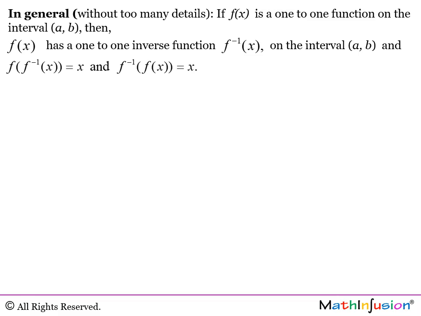In general, if a function f(x) is 1 to 1 on an interval (a, b), then f(x) has a 1 to 1 inverse function f to the negative 1 of x on the interval (a, b). And we also know that the two compositions, f with f to the negative 1 of x, equals x, and the other composition, f to the minus 1 of f of x, equals x.